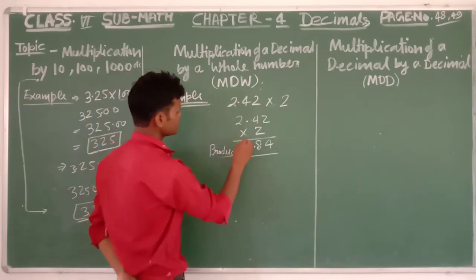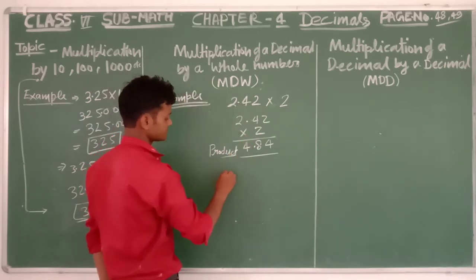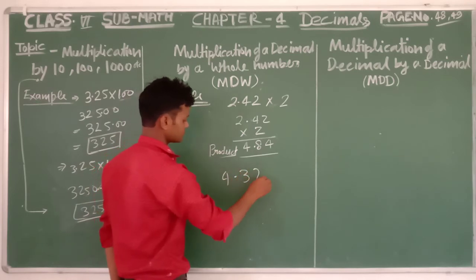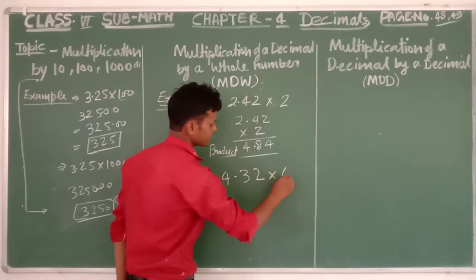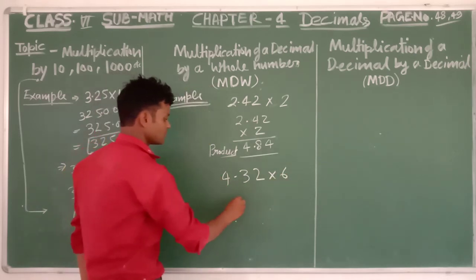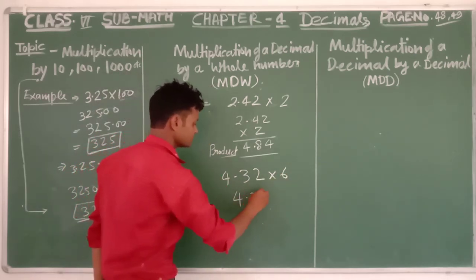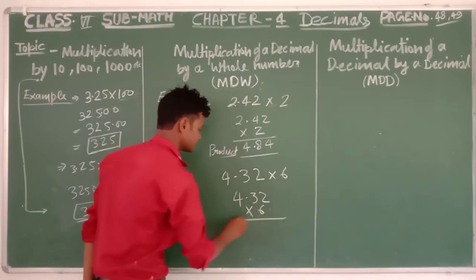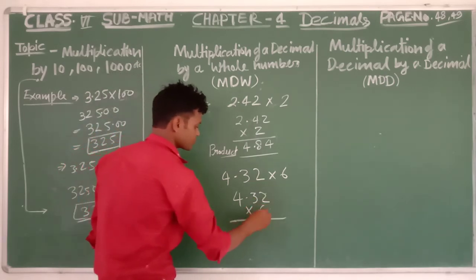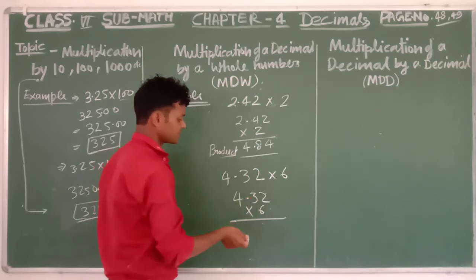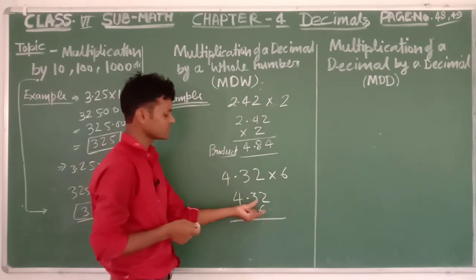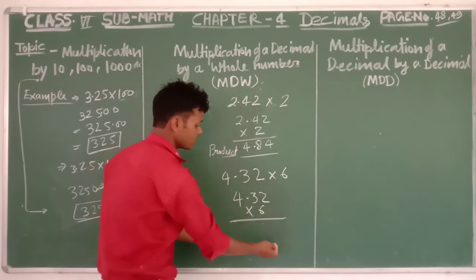Now we are going to take a second example: 4.32 multiply by 6. Now you write here this form and multiply by 6. First you multiply, forget your point. Now you get a product.